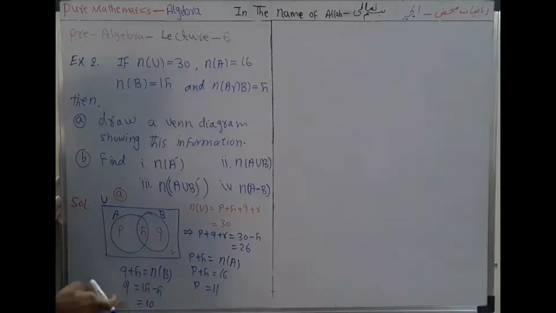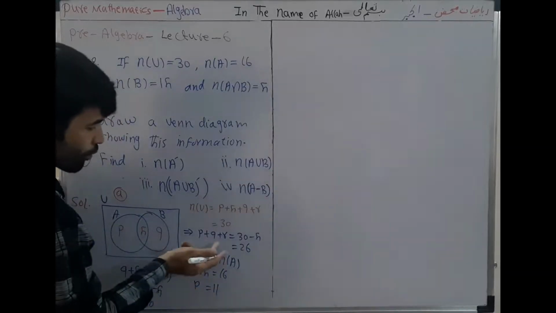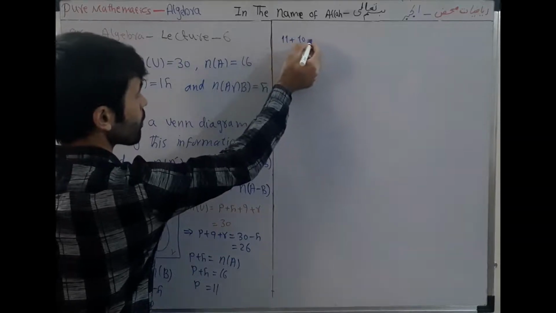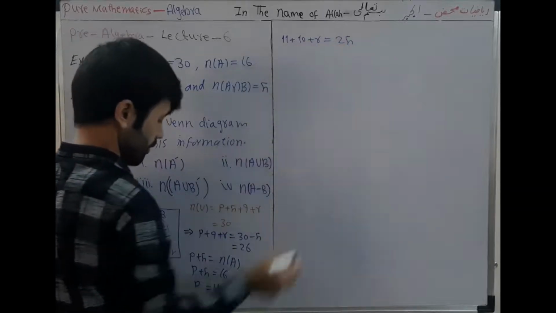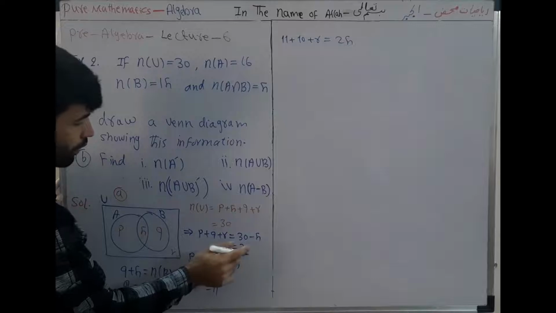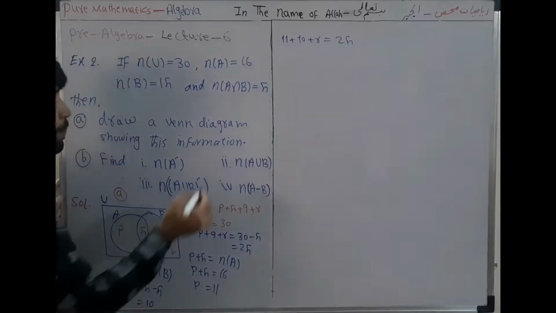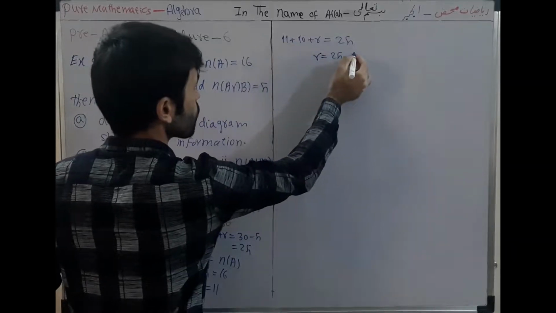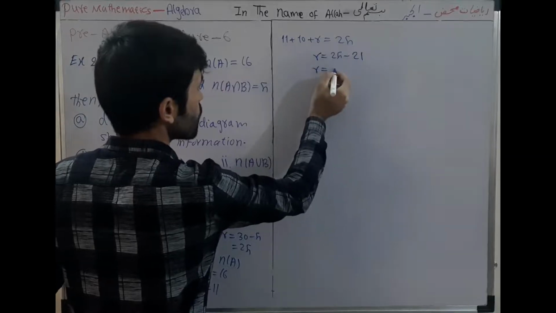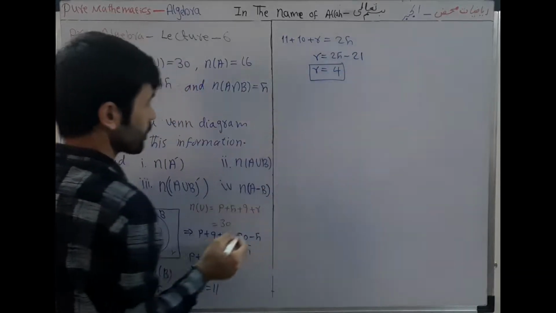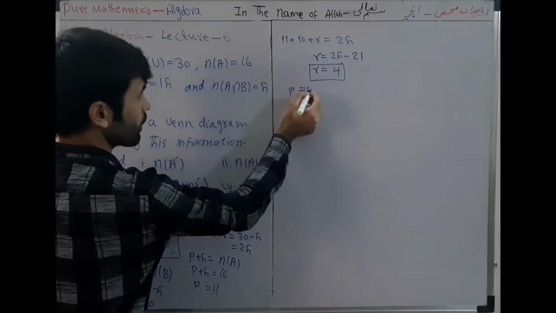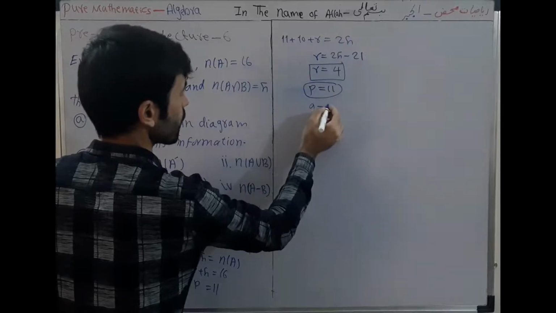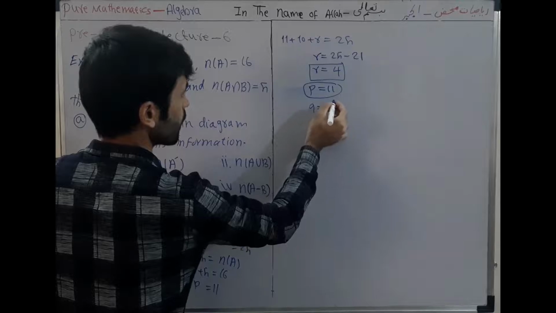P is equal to 11, Q is equal to 10. Now 11 plus 10 plus R is equal to 25, so R is equal to 25 minus 21, R is equal to 4. That is the value of R.